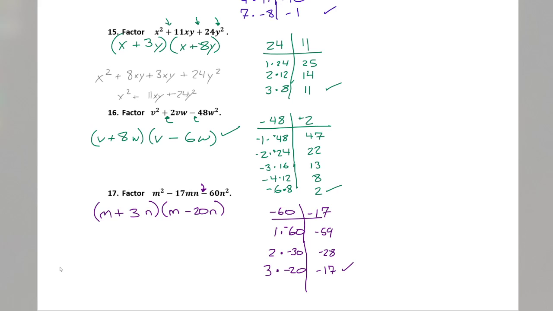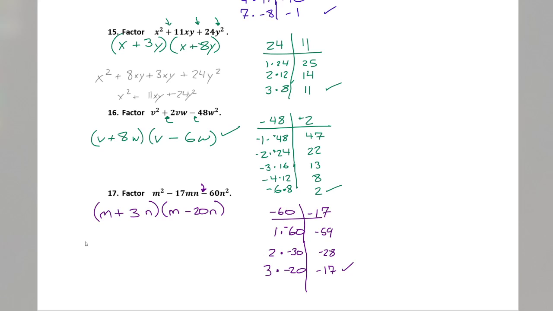So I know this was a little bit longer video, but to kind of help you with this, I'm just going to use this last number without the n attached to it.